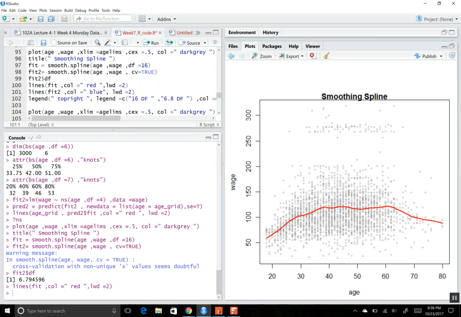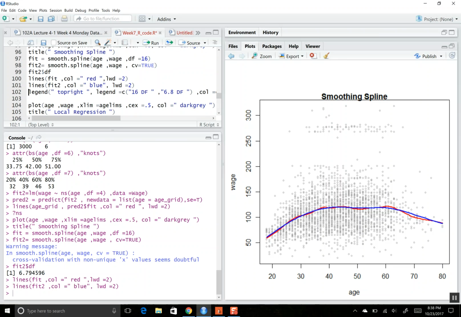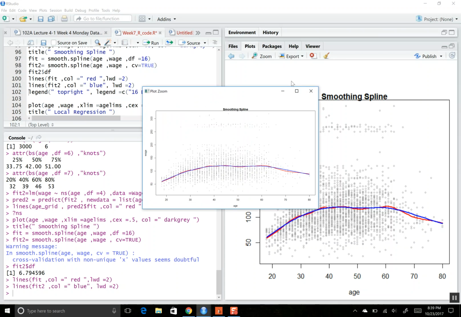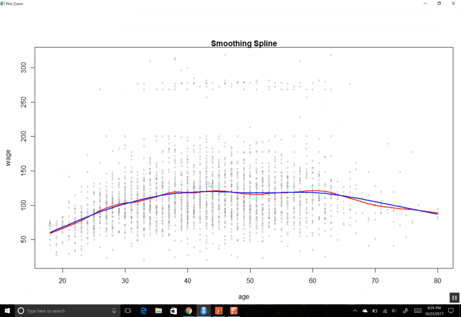Again, we talked about how if you didn't put a whole lot of restrictions on that arbitrary function g, it can end up being quite wiggly, whereas maybe it makes sense to use cross-validation to pick how many degrees of freedom to use. In this case, if I fit the blue line, you can see it's a little bit less wiggly in terms of our fit here.